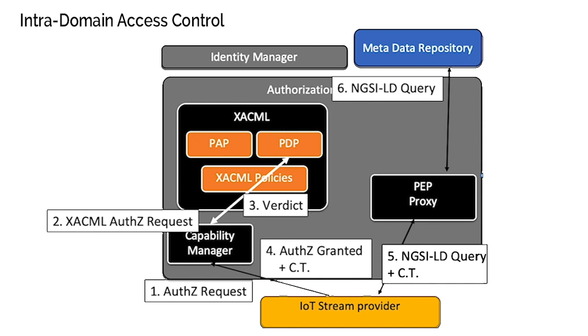It is also possible to use the PEP proxy to encrypt the information to be stored in the MDR. To do so, the data provider must specify an encryption policy inside the NGSI-LD representation. This way, the PEP proxy encrypts the information according to the policy, preventing non-legitimate consumers from extracting this information.